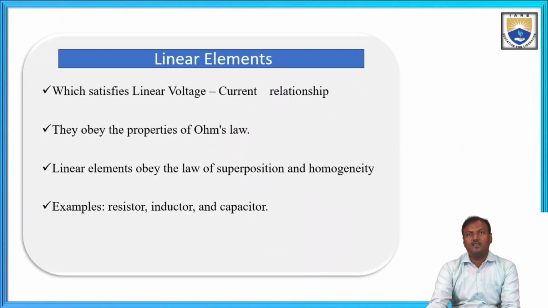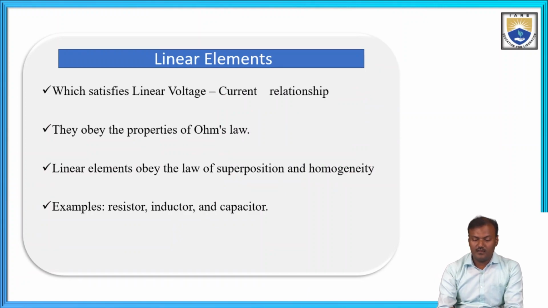Next one is linear elements. Linear is mathematically represented as a linear relationship. If the x-axis parameter is changed, the y-axis parameter is also similarly changed, then the relation is said to be linear.